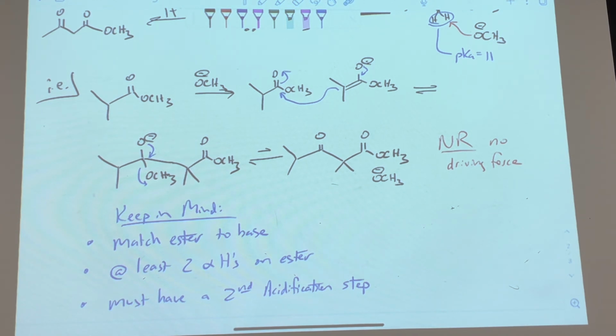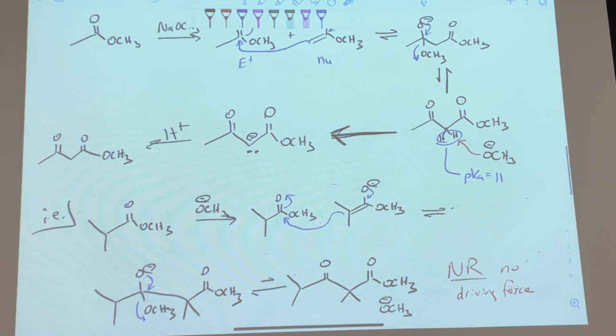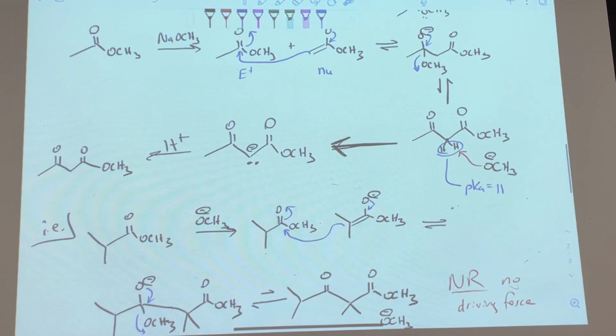No, because normally what drives the Claisen reaction is you kick out the bad leaving group, the methoxide, but then it comes in and abstracts one of those very acidic protons in a very rapid acid-base reaction. Because of the difference in the pKa values between these protons and the conjugate acid methanol, this is a one-directional arrow.